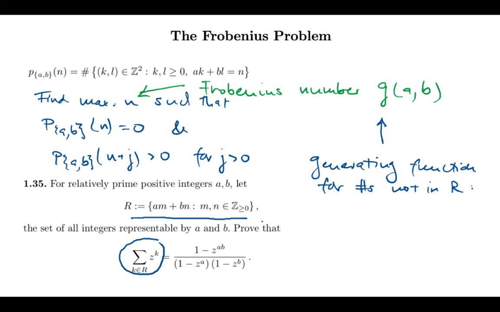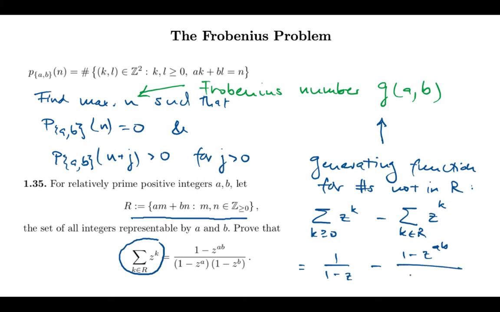Well, I can sum over all non-negative integers first, and then subtract the generating function for the integers in R. Correct? And so this is a rational function because the first thing is a geometric series, and the second thing is what you're invited to compute in this exercise.